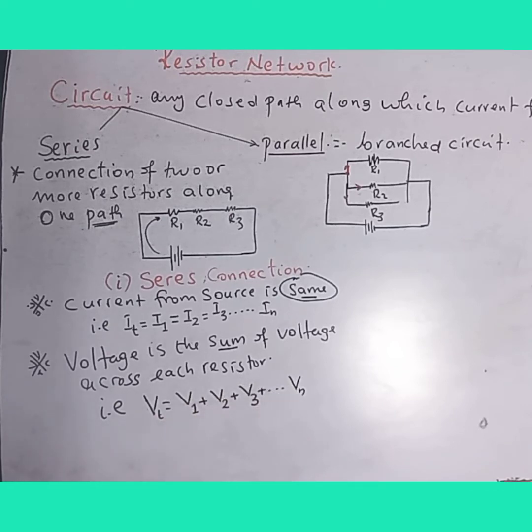If we have n number of resistors, the sum of the voltage across each resistor is equal to the total voltage.